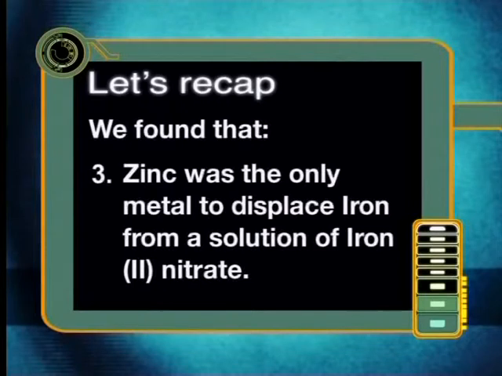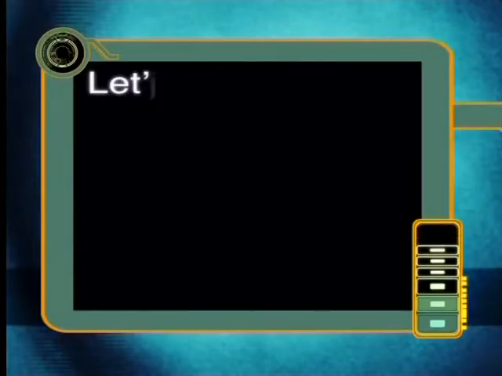Zinc was the only metal to displace iron from a solution of iron 2 nitrate. Now we can continue with our experiments. Can you still remember which solutions we'll be testing with today? Yes, zinc nitrate and lead 2 nitrate.